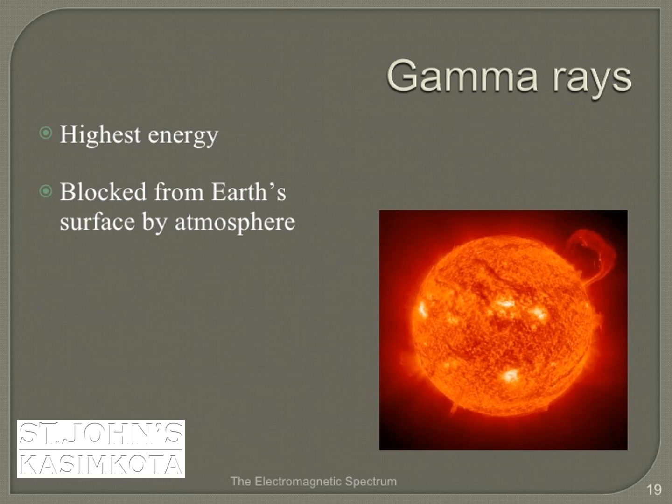But luckily, our atmosphere is blocking them. Not only gamma rays, our atmosphere is blocking most of the UV rays and X-rays from reaching the Earth's surface. In that way, we are protected by the atmosphere.